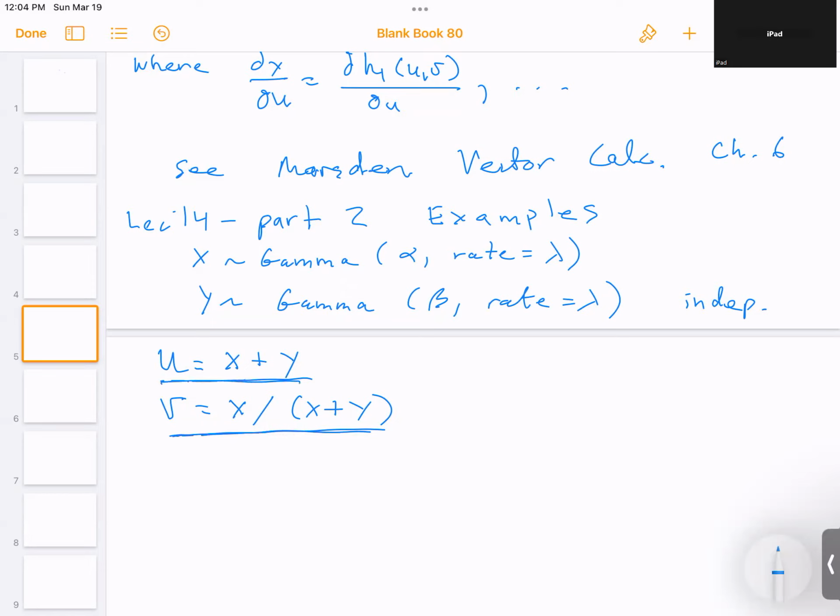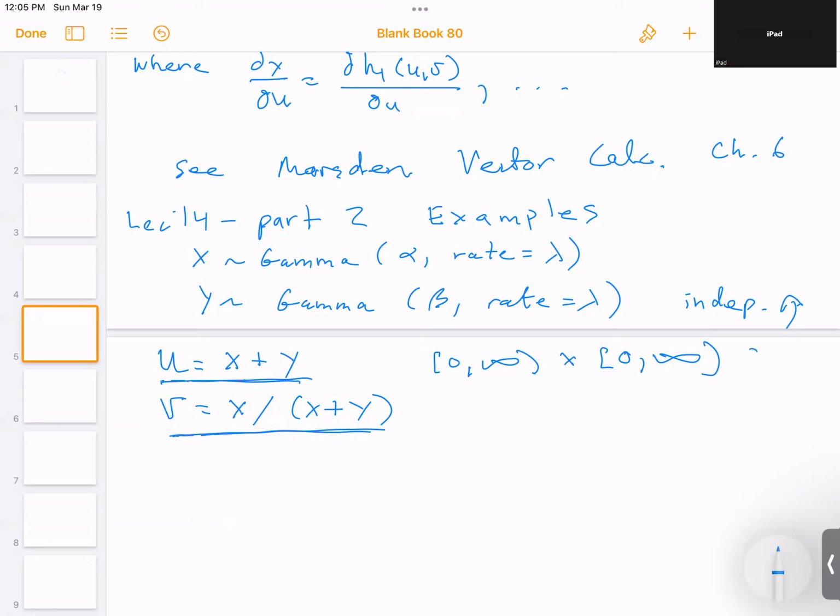And what's the support? The support would be all positive numbers, or non-negative. This is the support for either of them, but not for this. What is the support here for UV?